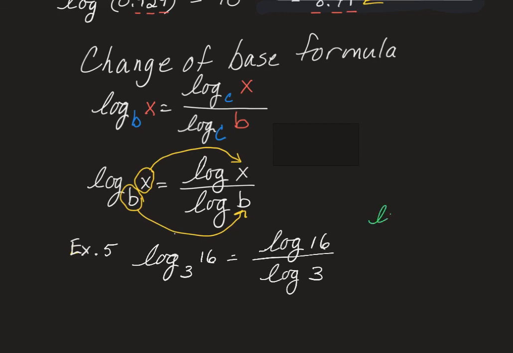You can make the log base 3 of 16 equal to the log base 72 of 16 over the log base 72 of 3, as long as you have the same base in the numerator of your new fraction as in the denominator. Here we have a base 10 assumed and a base 10 assumed in the denominator. I do not know why you would ever want to convert to the base of 72, but hey, if it floats your boat, go ahead.